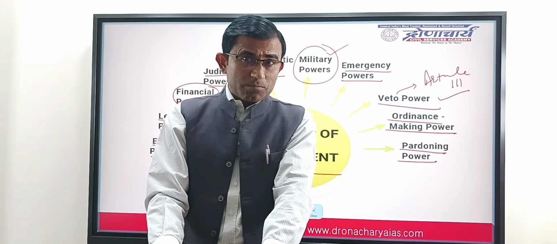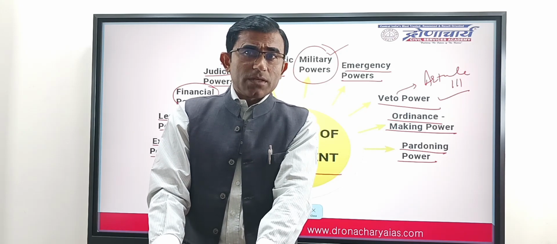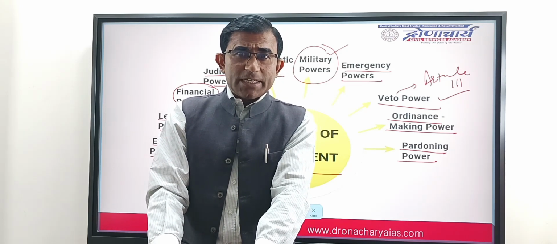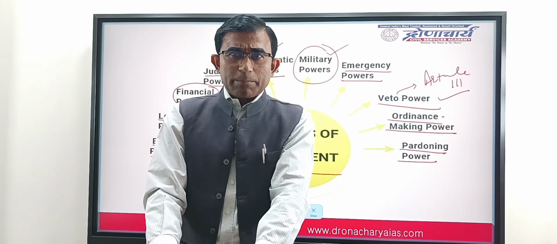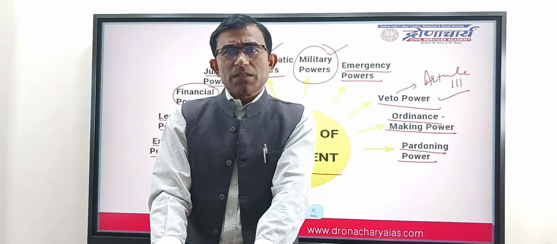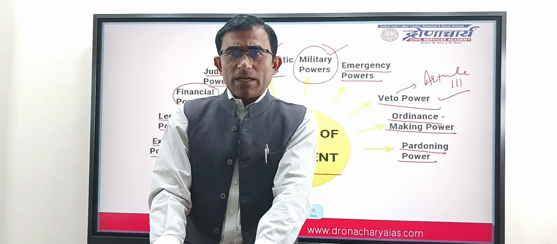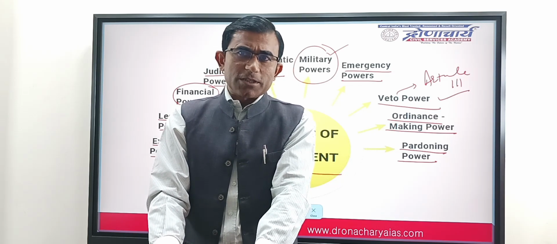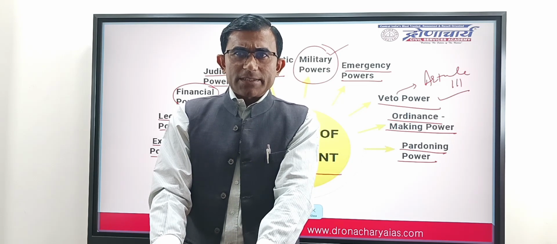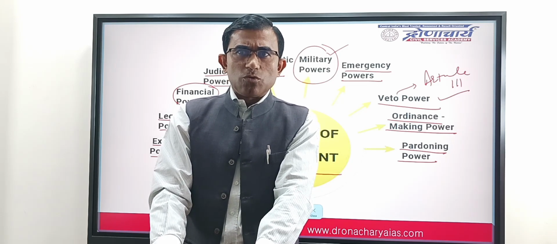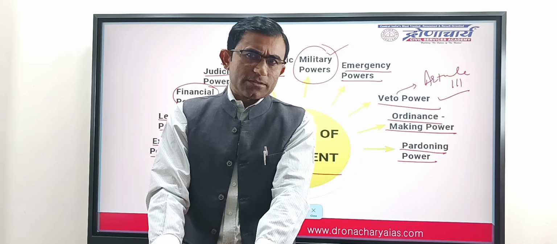Third is reprieve. As soon as the President uses the pardoning power of reprieve, he temporarily suspends the execution of a sentence, particularly the death penalty. As a result, the inmate has more time to petition for clemency or commutation of sentence.